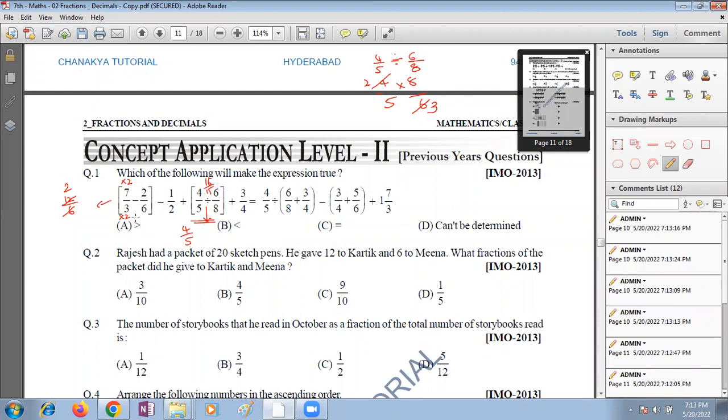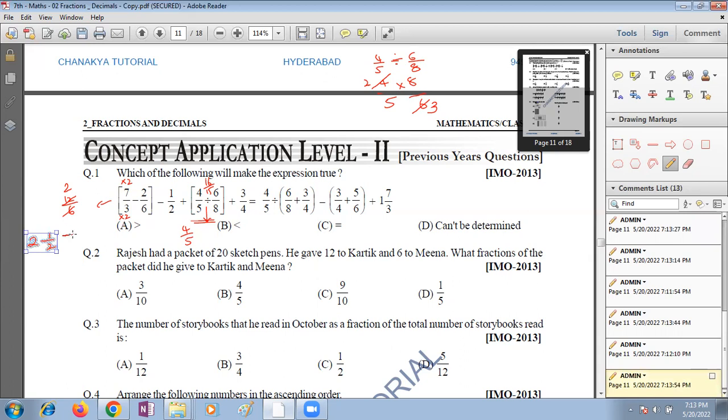Next, you can once again go with the left hand side portion. 2 by 6 means a half. 2 minus 1 by 2, plus 16 by 15.